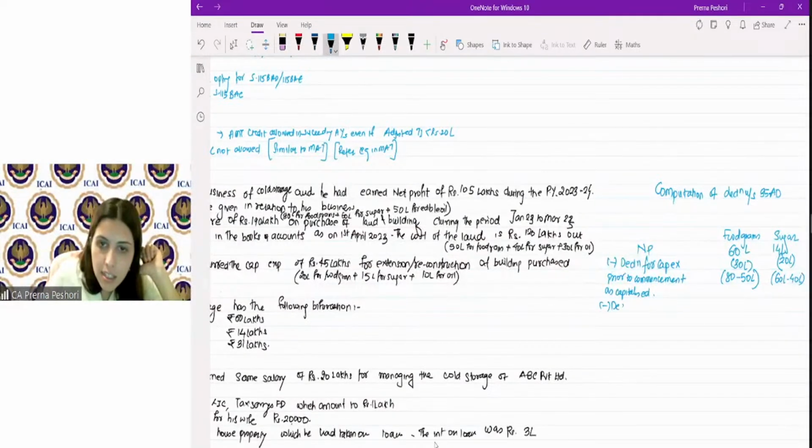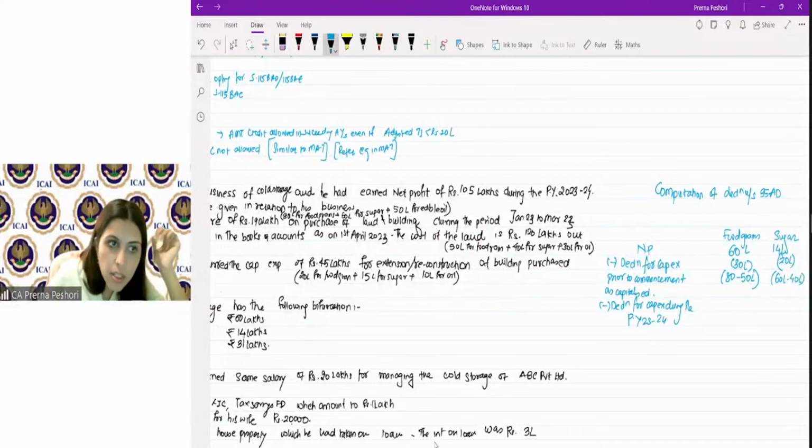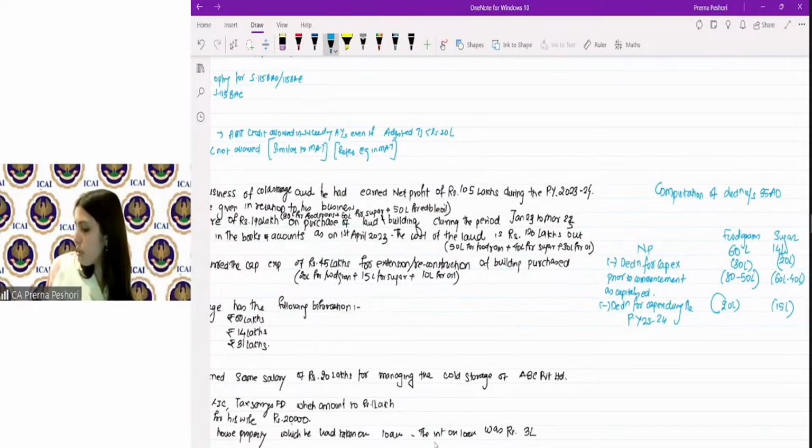Then less deduction for the capital expenditure during the previous year 23-24. So 20 lakh, then 15 lakh. Right? This is incurred during the year, so 100% of that will be allowed. So 60 minus 30 minus 20, this is 10 lakh.